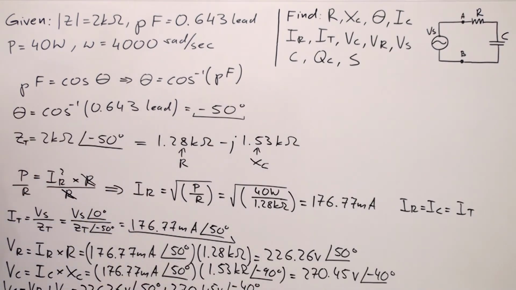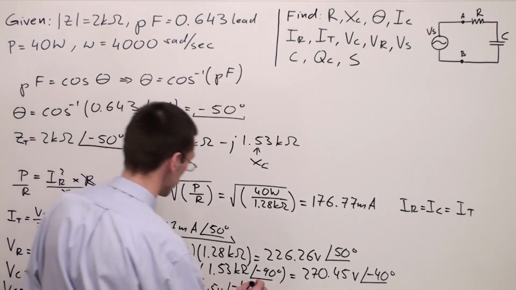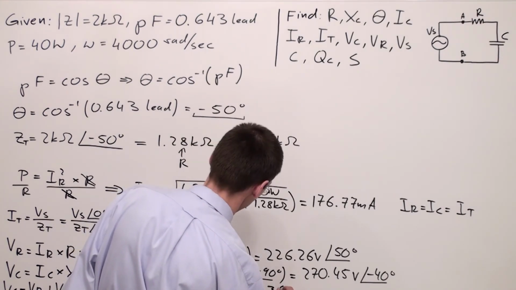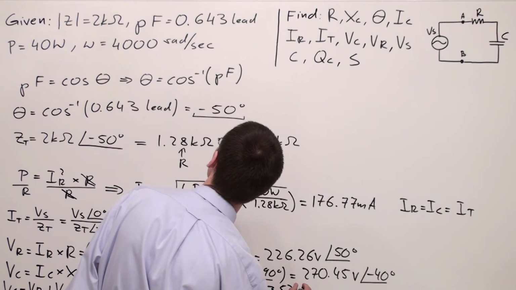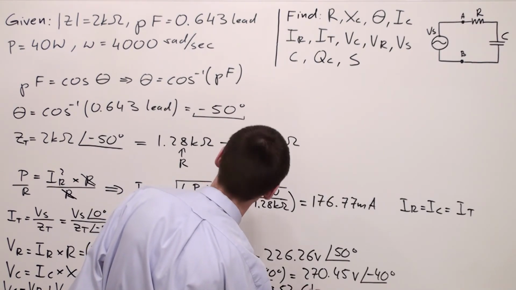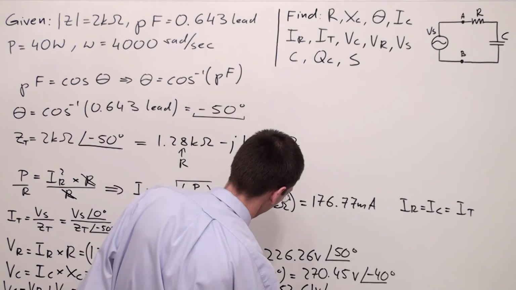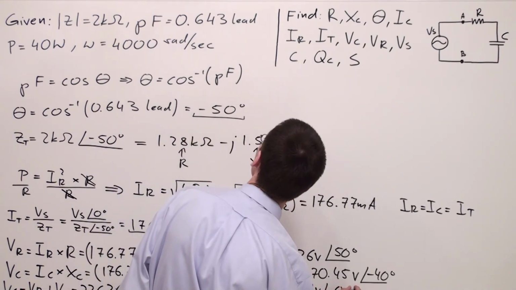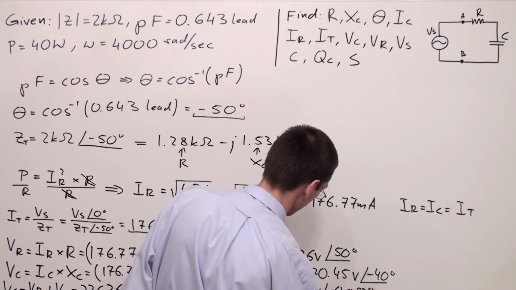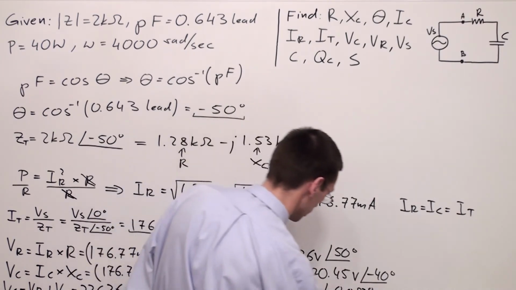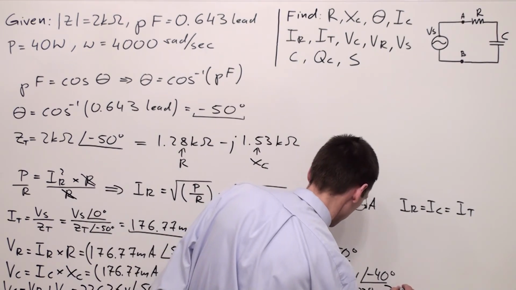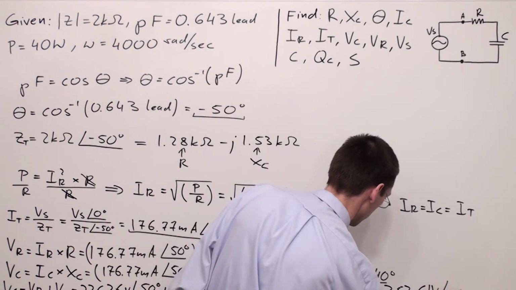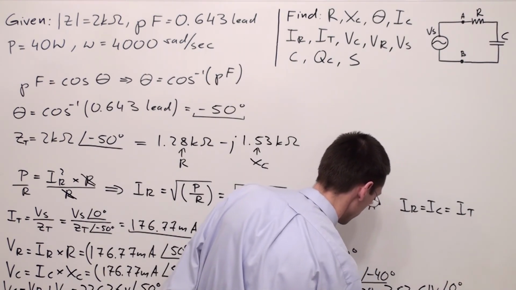You're supposed to use the calculator, and your voltage source has to be equal to 352.61 volts, an angle of negative 0.083 degrees, which is equal to 352.61 volts, an angle of 0 degrees.